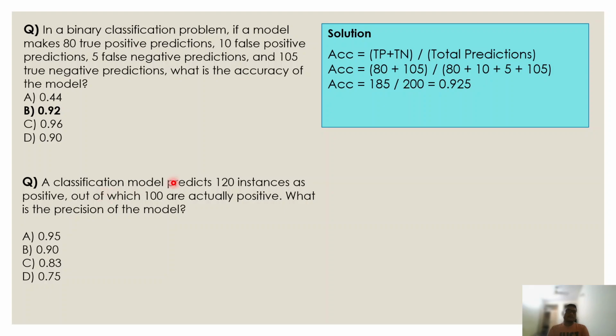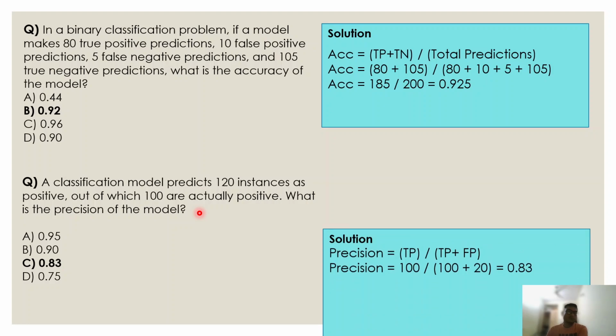The model predicts 120 instances as positive, but only 100 are actually positive, so you have to calculate precision here. Just remember that table, because you can create so many numerical types of questions from it.